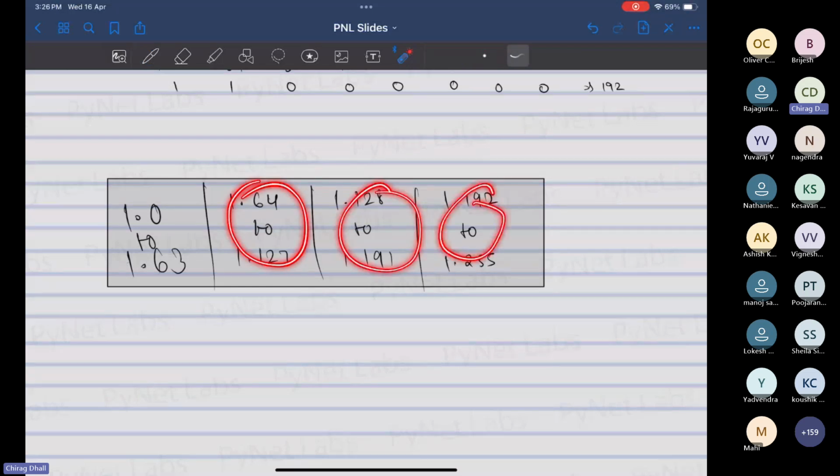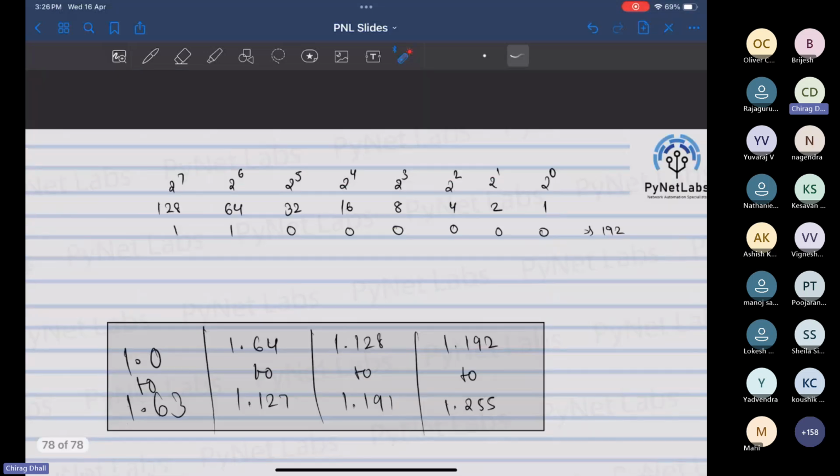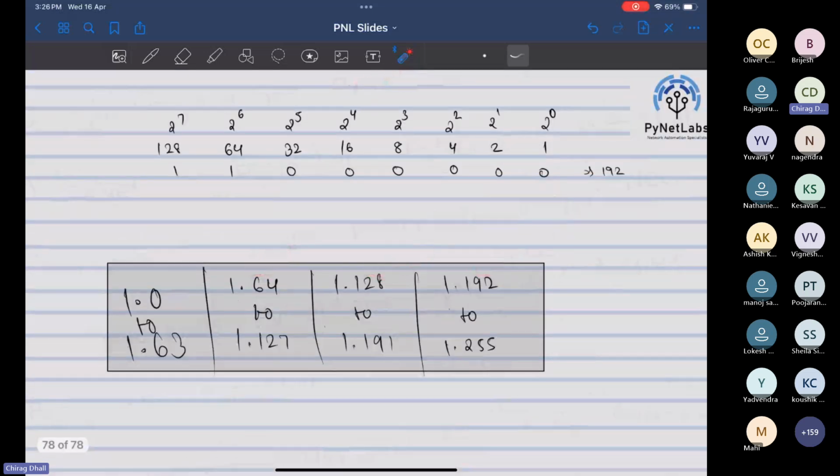And these other 3 parts can also be used for any requirement which is less than 62. Why am I saying less than 62? Because the first IP and the last IP are not usable, right? So the usable IP addresses are 64 minus 2, which is 62. So if I again get a requirement of 62 addresses or anything less than that, I can use these other remaining parts of my network for those particular requirements.